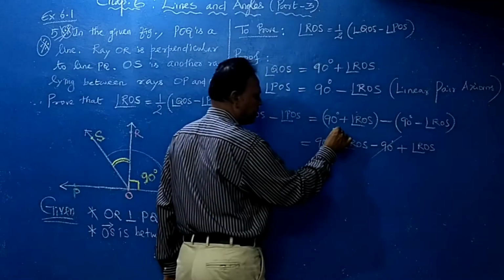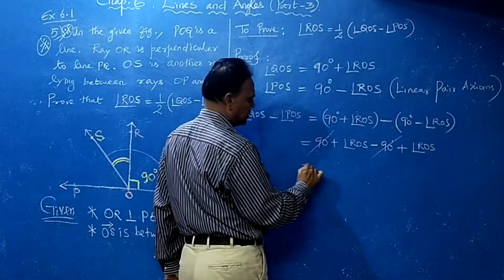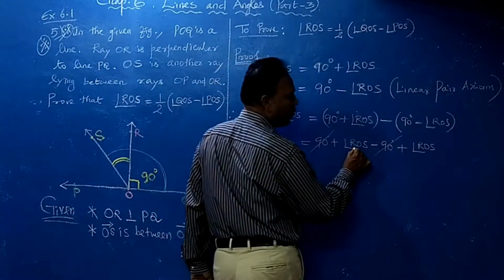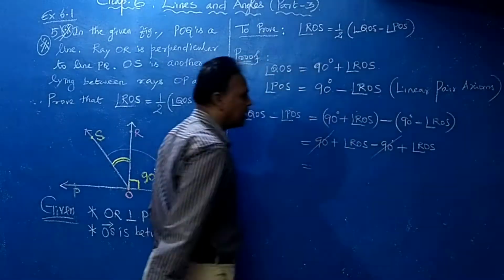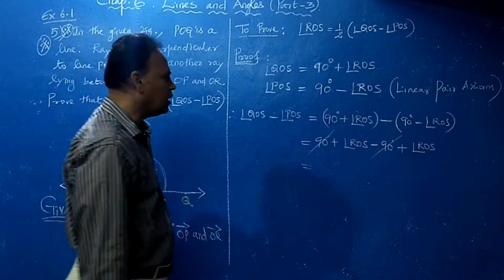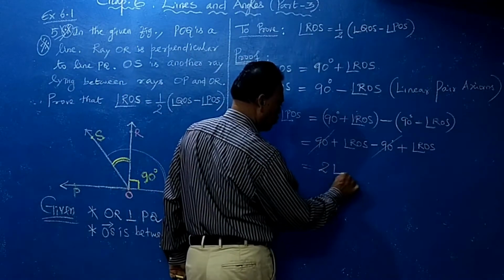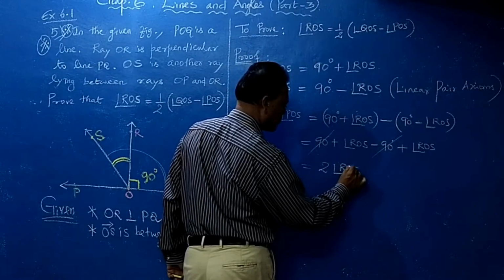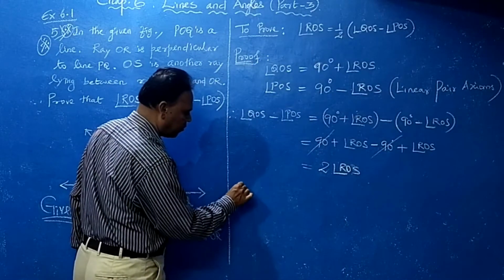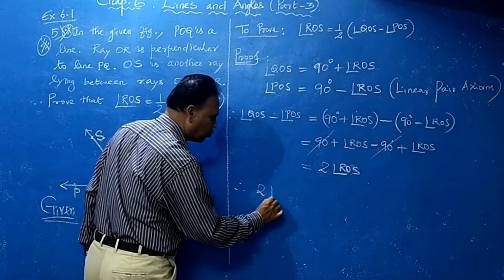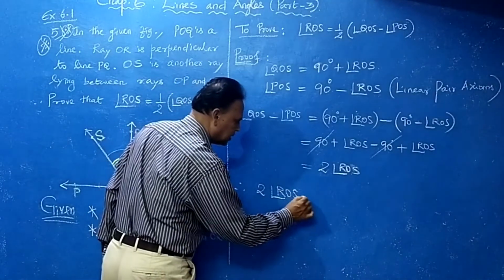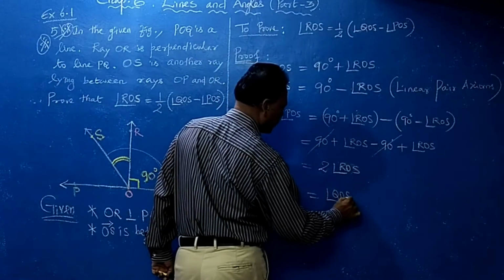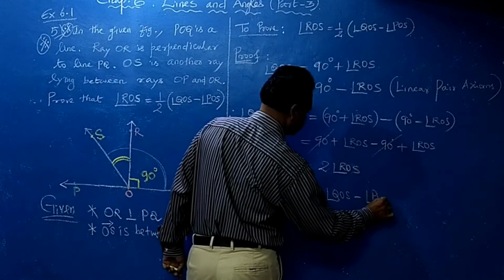The 90 gets cancelled. One angle ROS plus another angle ROS is two angle ROS. So two angle ROS is nothing but angle QOS minus angle POS.